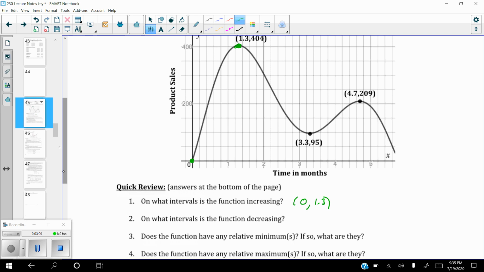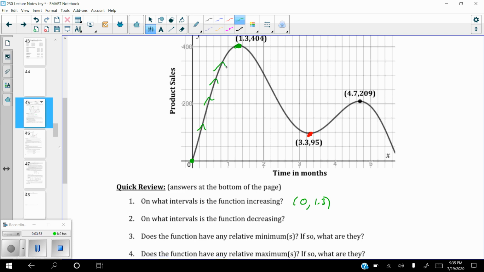On what interval is the function decreasing? Okay, well, decreasing should also make sense. That's where the graph would be going down. So starting basically where we left off at 1.3 all the way until we get down here to 3.3, the function is decreasing. As a matter of fact, I'm going to go back for a second here just to show that this is increasing.